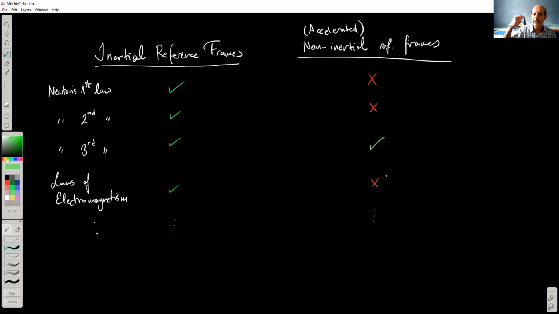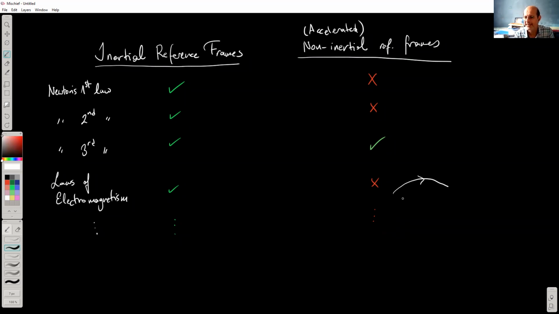So we know that, for example, one of the laws of ray optics is that a light ray moves along a straight line. Okay, well, everybody knows that. So that's true in inertial reference frames only. In accelerated reference frames, it just appears that the path followed by light will actually be curved, for example.